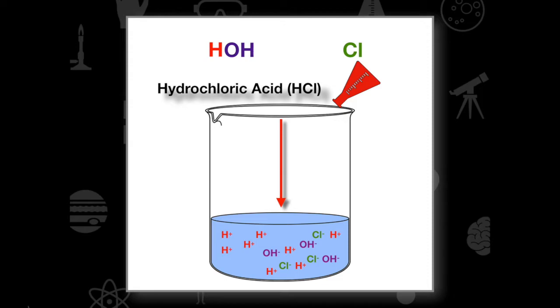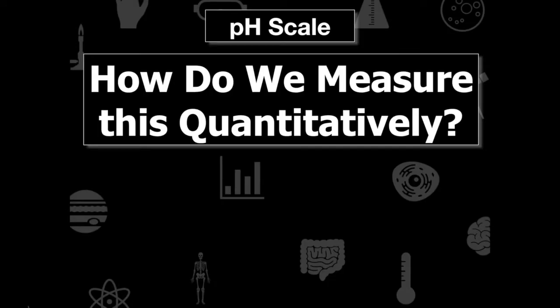Some of the hydrogen ions are going to interact with my hydroxide ions and neutralize, creating water, but I'm also adding extra free hydrogen ions, which upsets the balance of the hydroxide to hydronium ions. So because I have more hydronium ions, my solution is acidic.